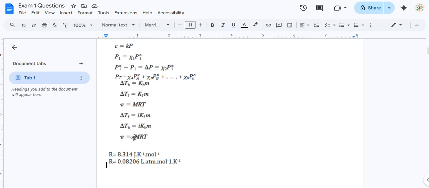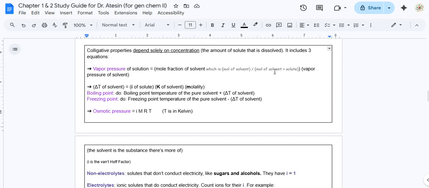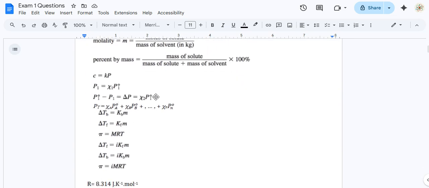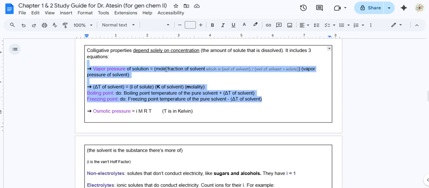Osmotic pressure is equal to I times M times R times T. So it's just these two equations that you can't really use the equation sheet for, because they're written shortly and they don't tell you if you should use the mole fraction of the solvent or solution, that kind of stuff. So just try to write this on your scratch sheet of paper before the exam starts.